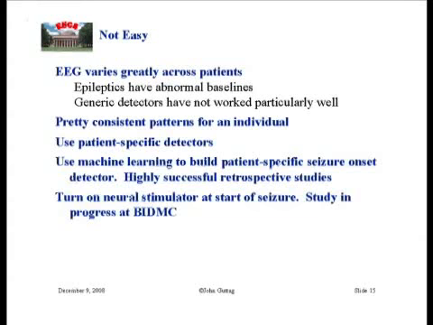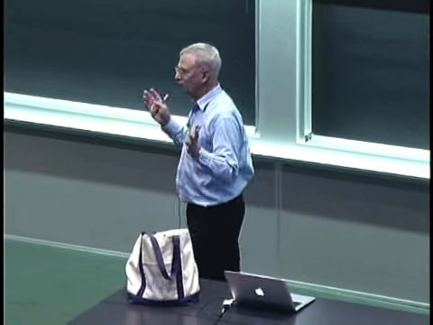Well, that tells a computer scientist, let's use machine learning to figure out what that patient's EEG looks like and build a highly specific detector that will work great for one person and not at all for anybody else. And then we'll just install it, and everyone gets their own.